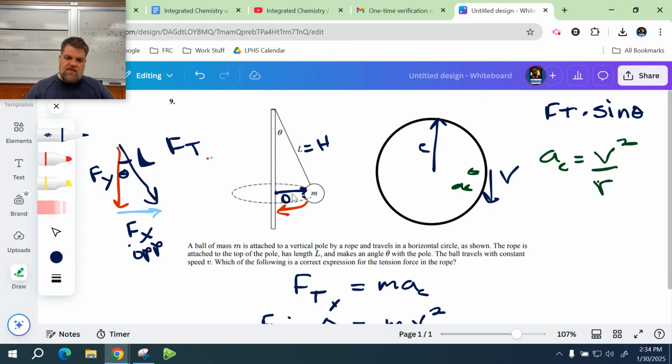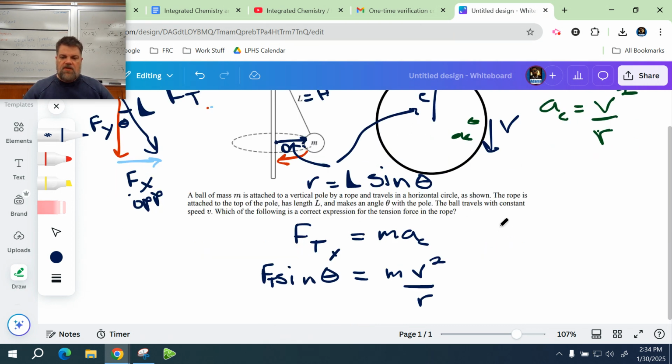Well, the radius of the circle is actually this right here. If we think of this as the radius of the circle, right? That's the radius of the circle. The radius would be equal to the length L times sine of theta, right? Now that's just trigonometry. So I'm going to plug that in here on the bottom.